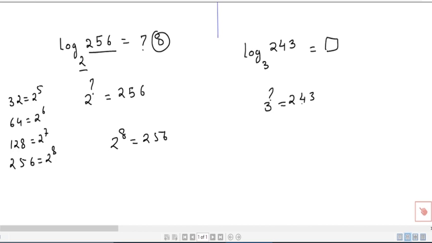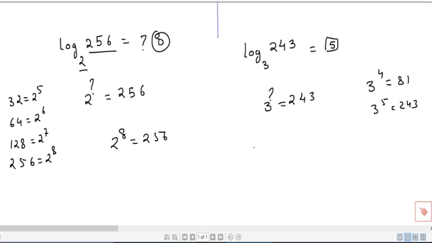Simple question. You will answer, sir, 3 power 5 is 243, because 3 power 4 is 81 and 3 power 5 is 243. So, you can easily write 5 here.